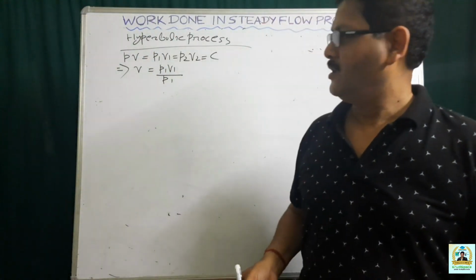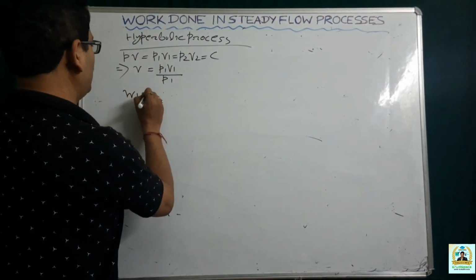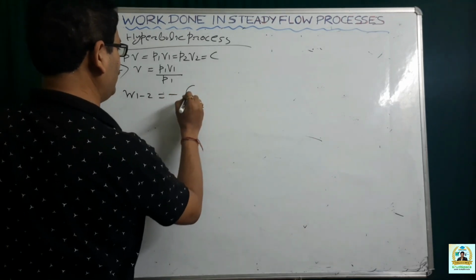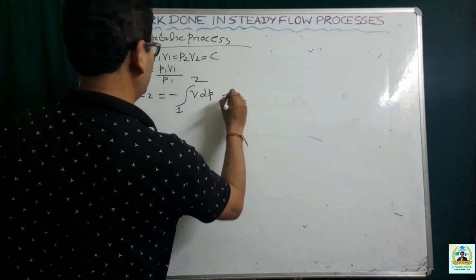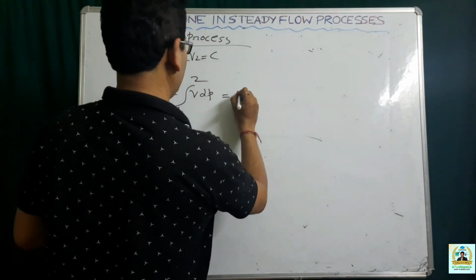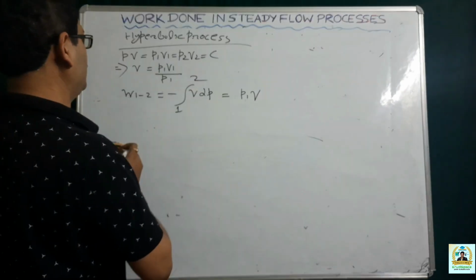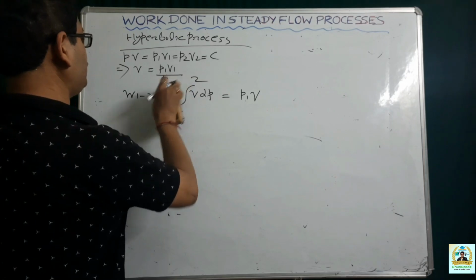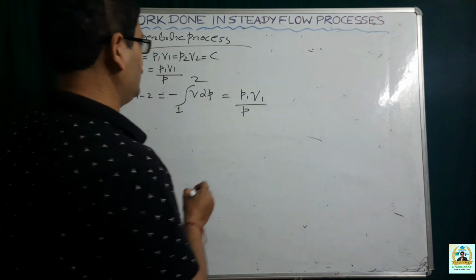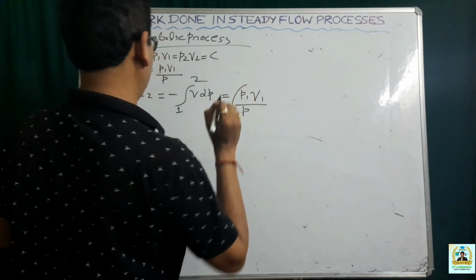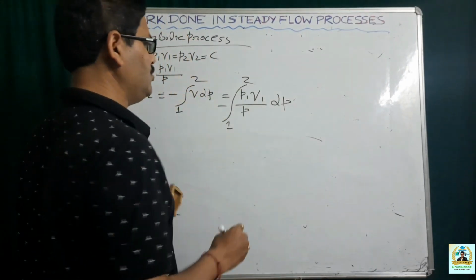Now, what will be the work done? W12 will be the integration of minus VdP from 1 to 2. You substitute V by P1V1 by P, and this is your dP from 1 to 2.